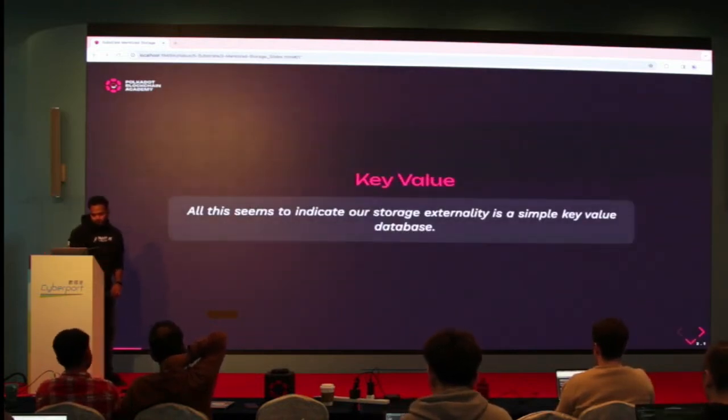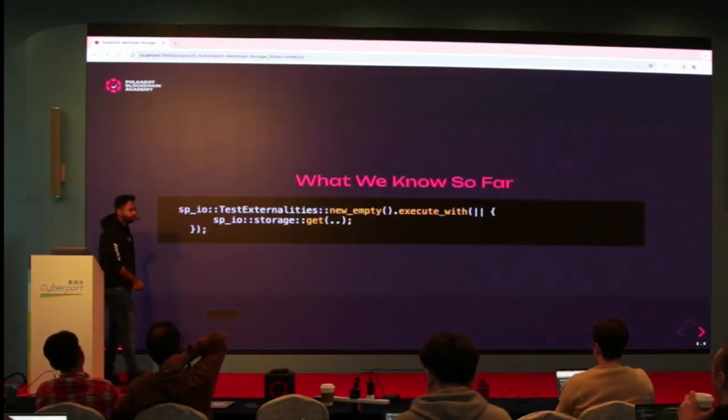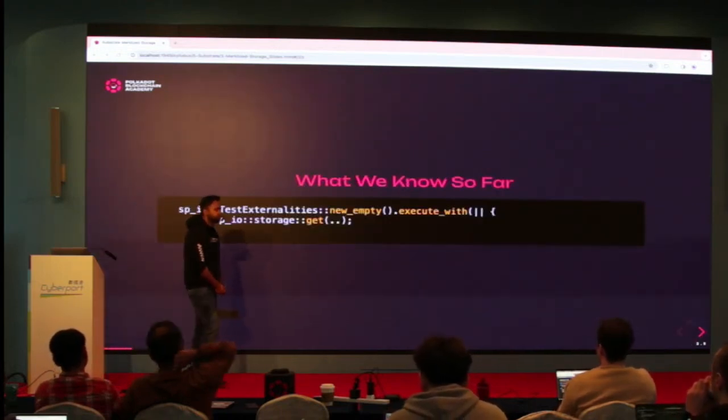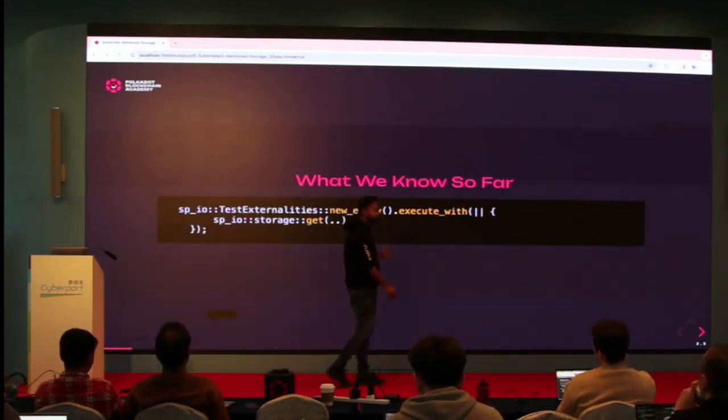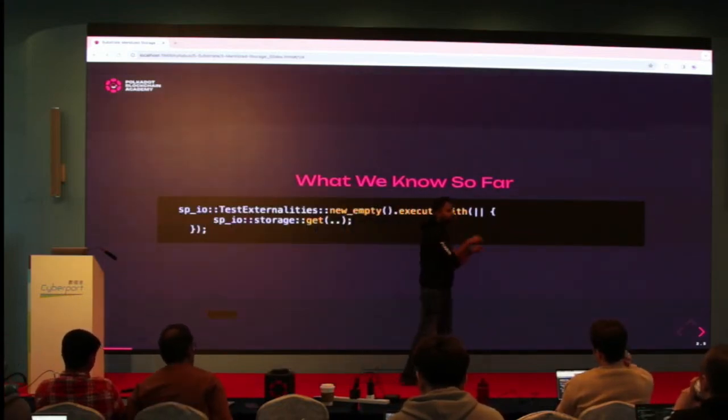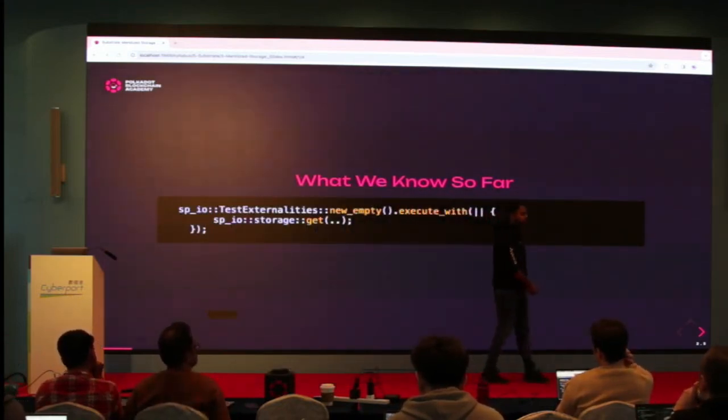So if we didn't do this, where would it be stored? You will get an error, because there is no host function. Test externalities in a way mimics your node in your unit test.